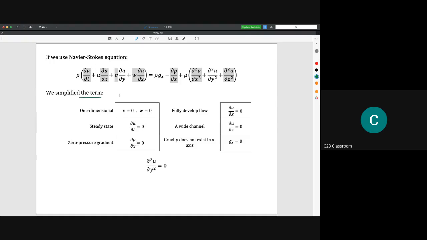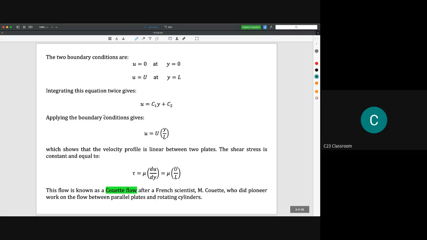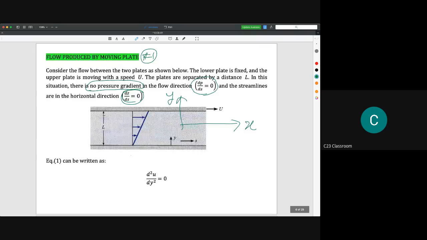This simplification depends on the situation. Normally we treat this as one-dimensional, because we assume the molecules only flow in the x direction. The molecules will not go up, so there is no velocity component in y.